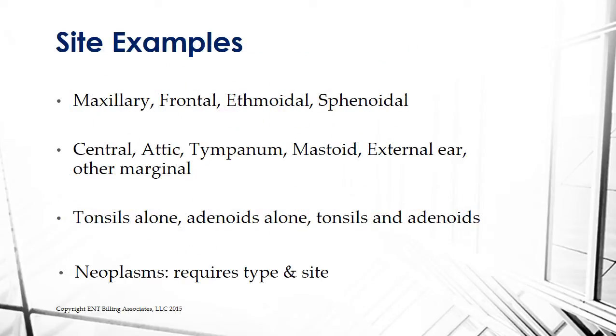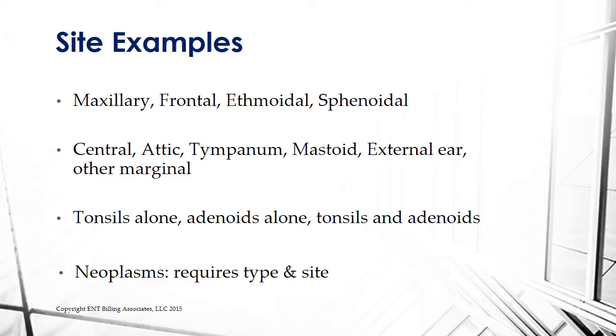An equally important aspect of your documentation is distinguishing the site of the condition. For example, if you are examining the sinuses, you would want to denote if the condition was found in the maxillary, frontal, ethmoidal, or sphenoidal sinuses. Determining a location applies to all anatomical areas consisting of multiple sites, i.e. the ears, tonsils, or adenoids.